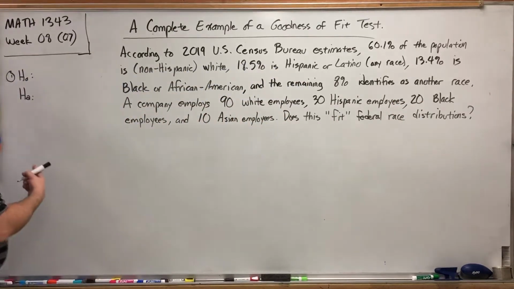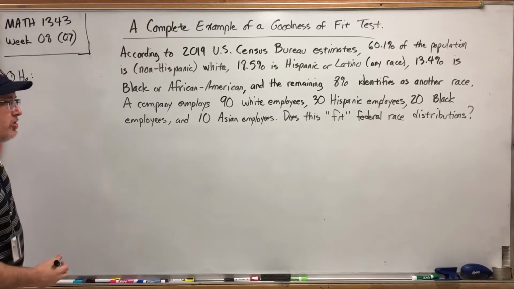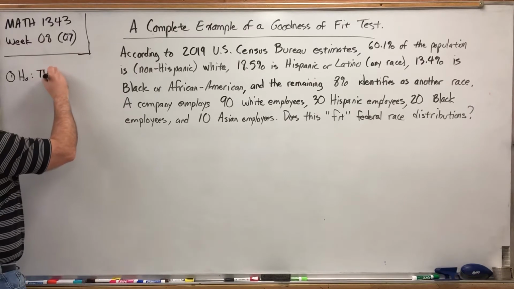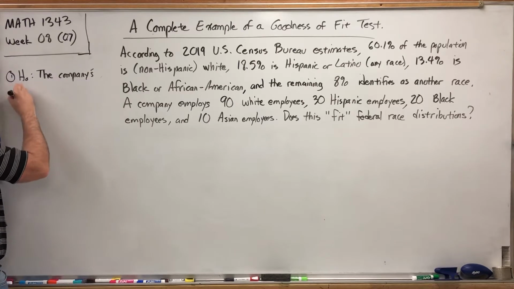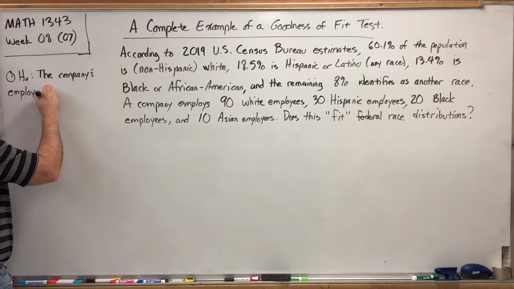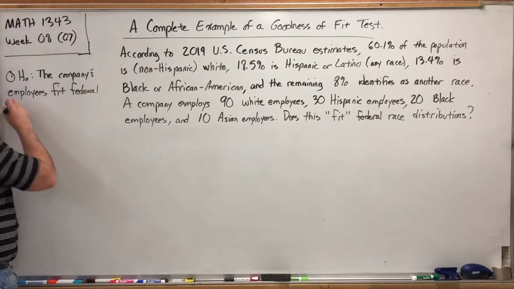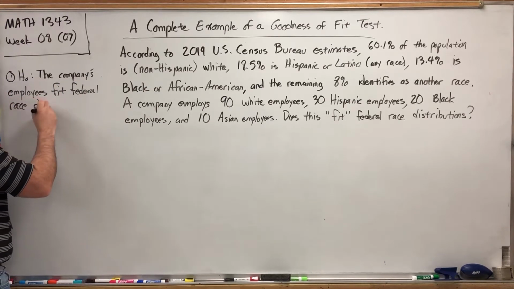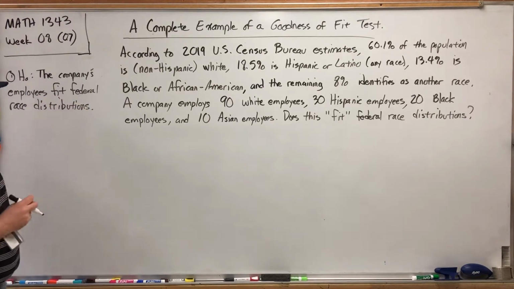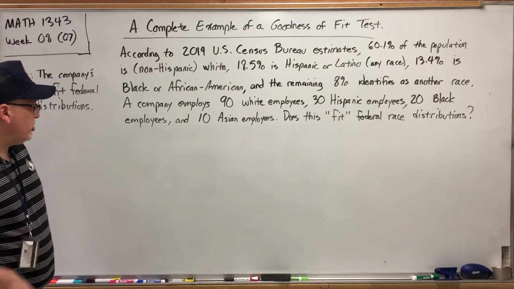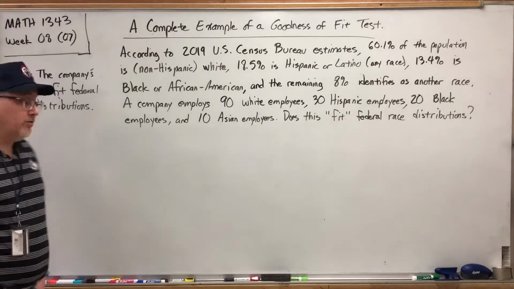Or we could just say that the null hypothesis is the company's employees fit federal race distributions, meaning that the proportion of each race at the company is close enough to the proportion at the federal level.